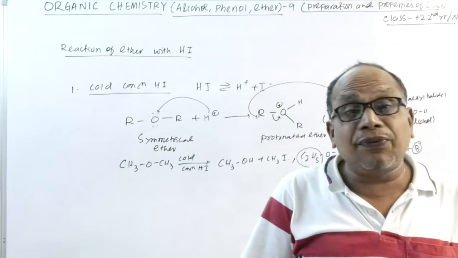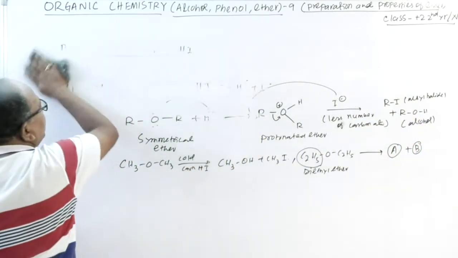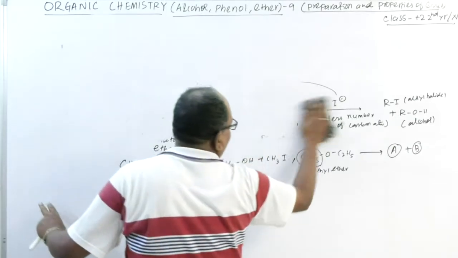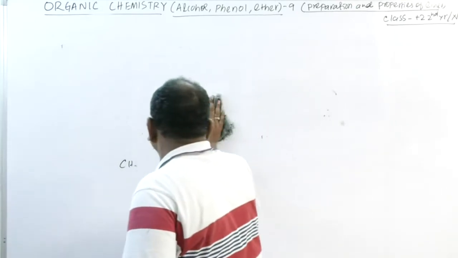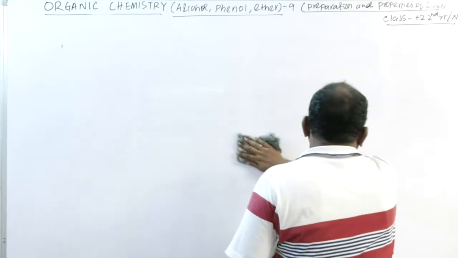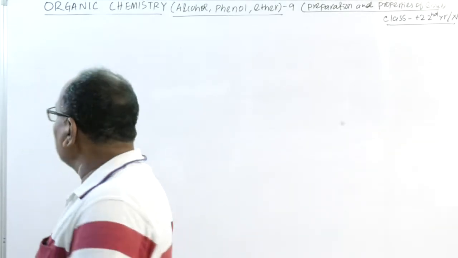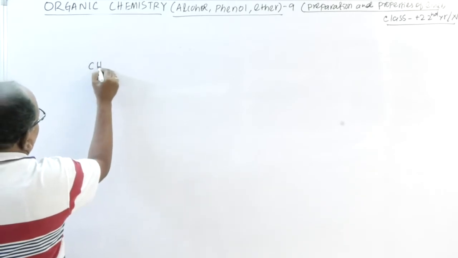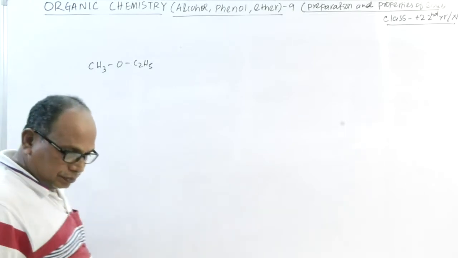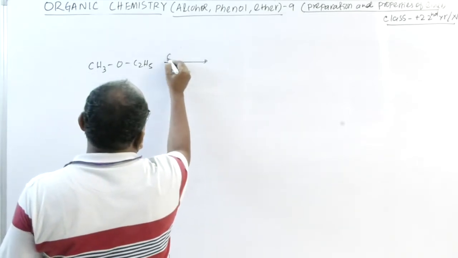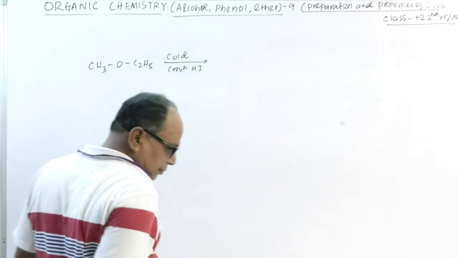But in case of the unsymmetrical ether, what is unsymmetrical ether? The ether molecule having two different alkyl groups, that's called unsymmetrical ether. In case of unsymmetrical ether, suppose you take CH3OC2H5, when treated with cold concentrated HI.